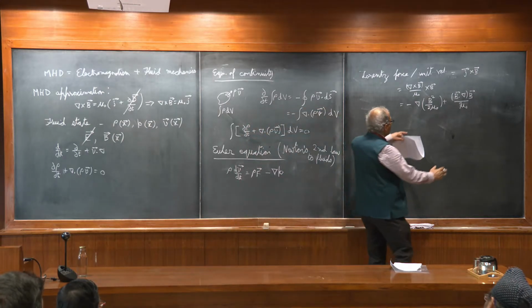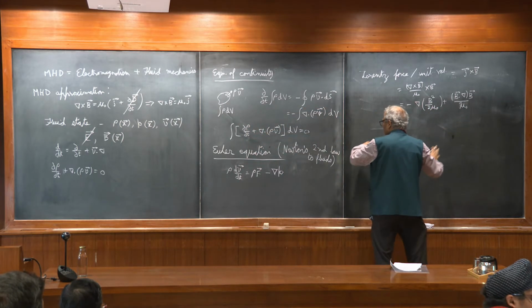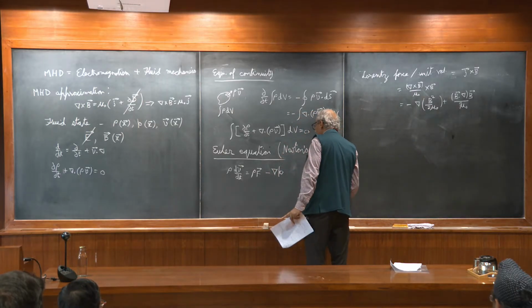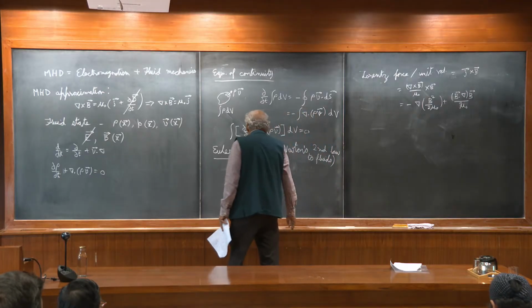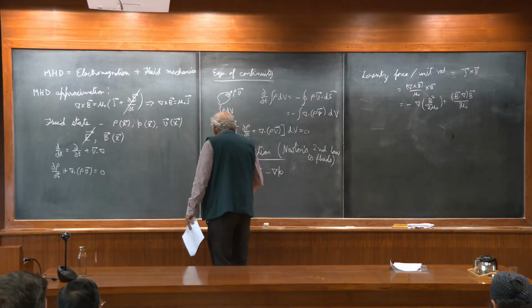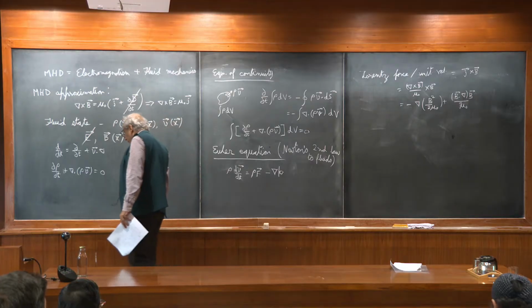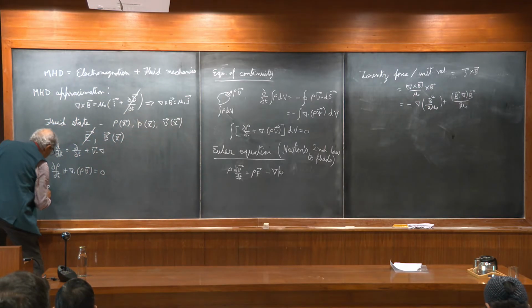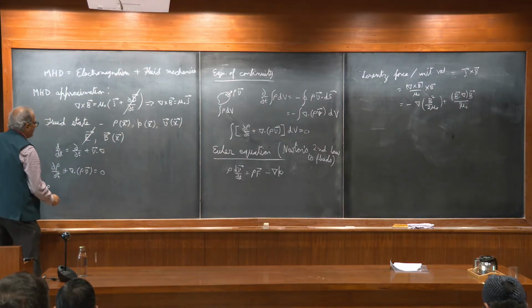Now we have to combine this with the Euler equation for fluid mechanics, putting in this extra term. So what do we get? Let me write it down. There is this rho, and then the Lagrangian derivative with respect to time.